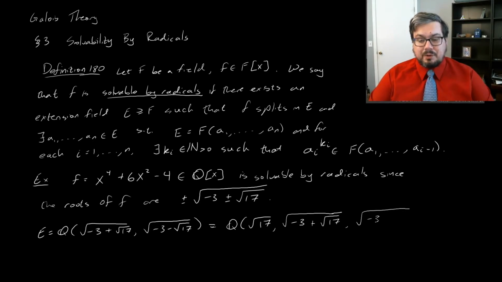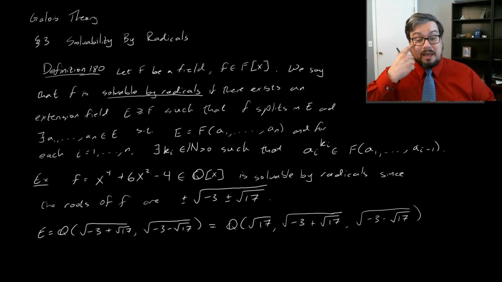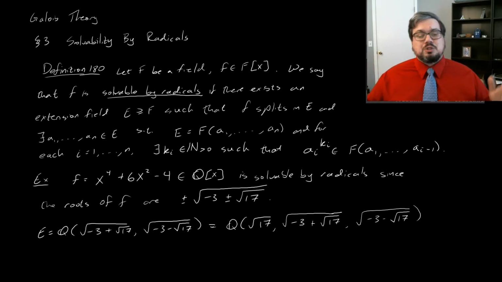And then we can throw in the other one as well. And the square of this element belongs to the field containing Q and the first two elements. So the idea behind being solvable by radicals is that if you keep throwing in roots of elements of the previous field, eventually you'll get to a field in which f splits.